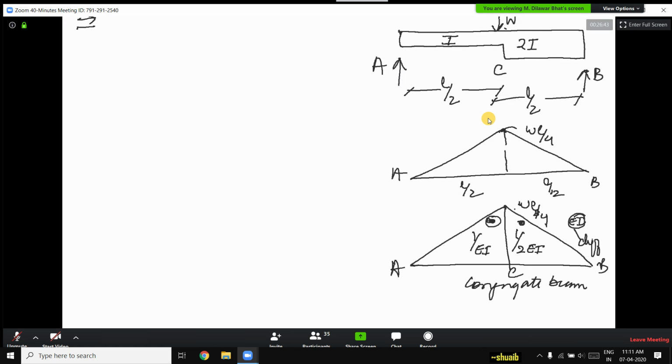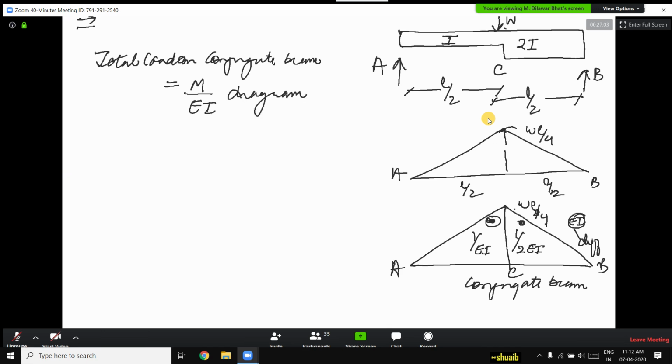When we are actually checking here, first of all, what we have to calculate? We have to simply calculate the total load on the conjugate beam. That is simply the M by EI diagram.